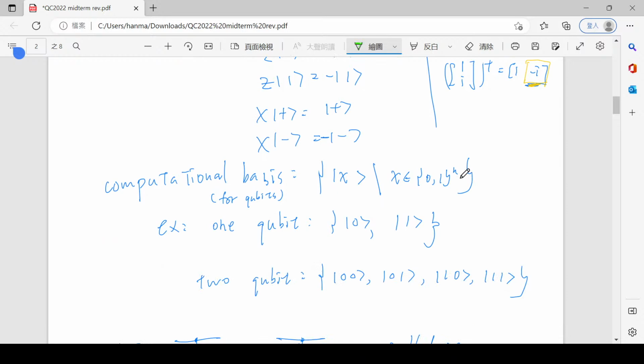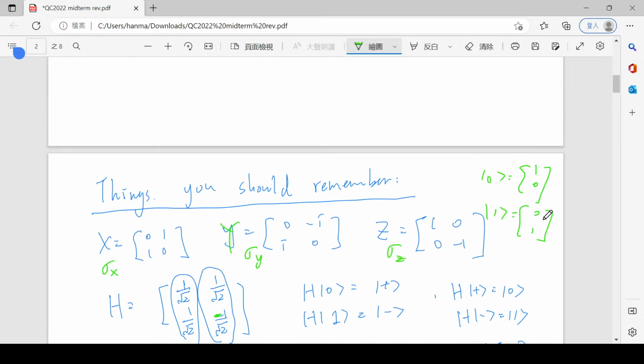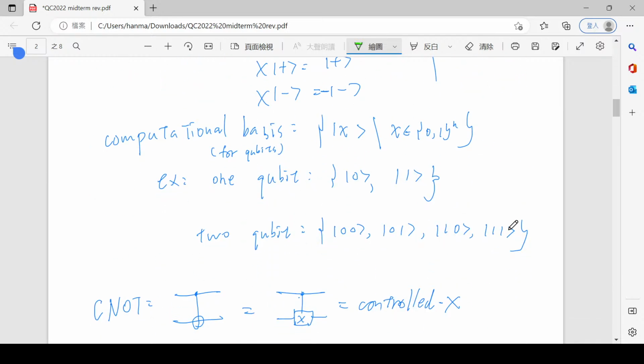Once again, this is the computational basis. It's actually not totally rigorous, but for a qubit it means the basis with 0 and 1. We count the basis from 0, 1, and you can see 0 is the vector (1, 0), and 1 is (0, 1). So it's basically the most natural basis you can think of.